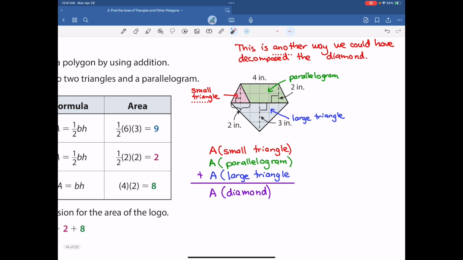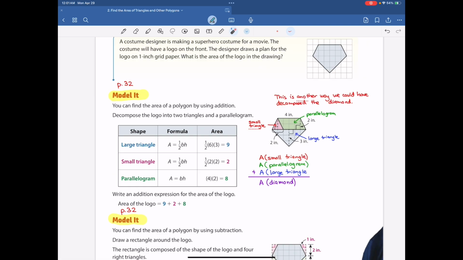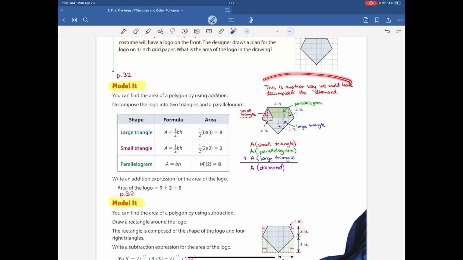And that is another way that we could have broken up this logo. Another way for breaking it up is to decompose. So that's another way to decompose that diamond, by using a small triangle, a parallelogram, and a large triangle.